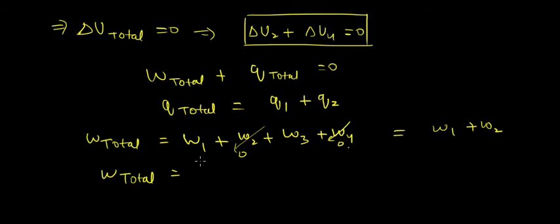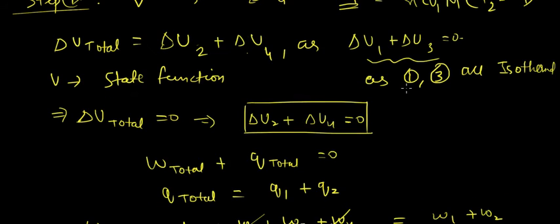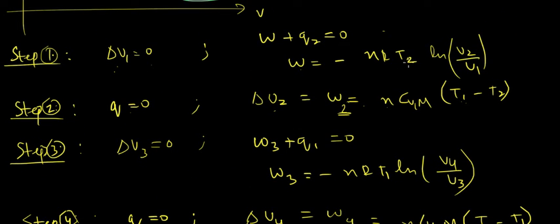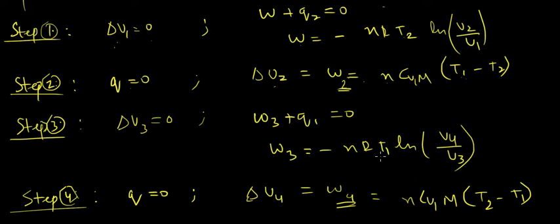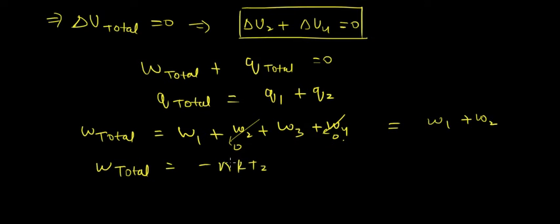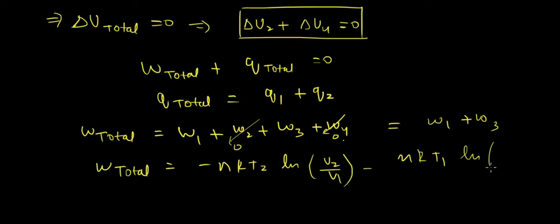What is W1? W1 is minus nR T2 ln V2 upon V1, and W3 is minus nR T1 ln V4 upon V3. So just adding them both, it would be minus nR T2 ln V2 upon V1, and W3 is nR T1 ln V4 upon V3.